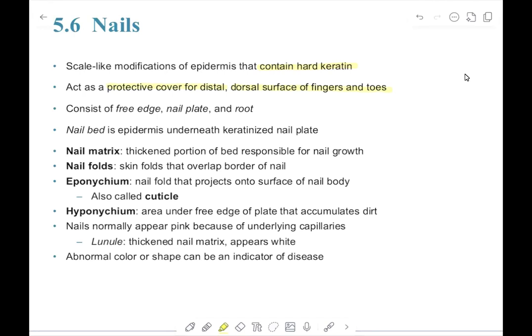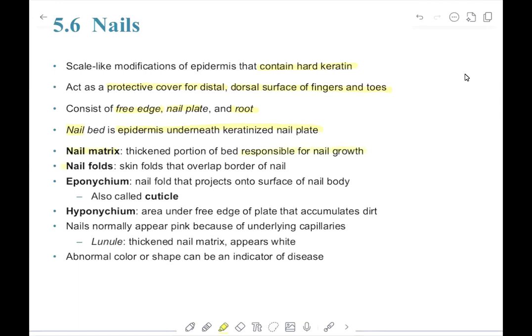The parts of the nail include the free edge, the nail plate, and the root. And deep to the nail, rather, is what's called the nail bed. And this is simply the epidermis underneath the keratinized nail plate. So we have the nail matrix, first of all, which is the part that's responsible for nail growth.